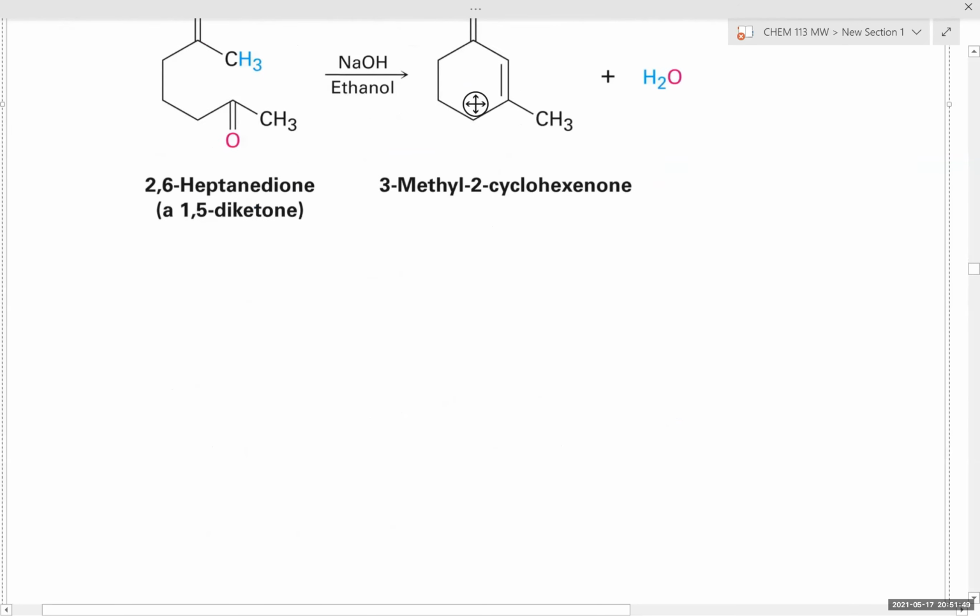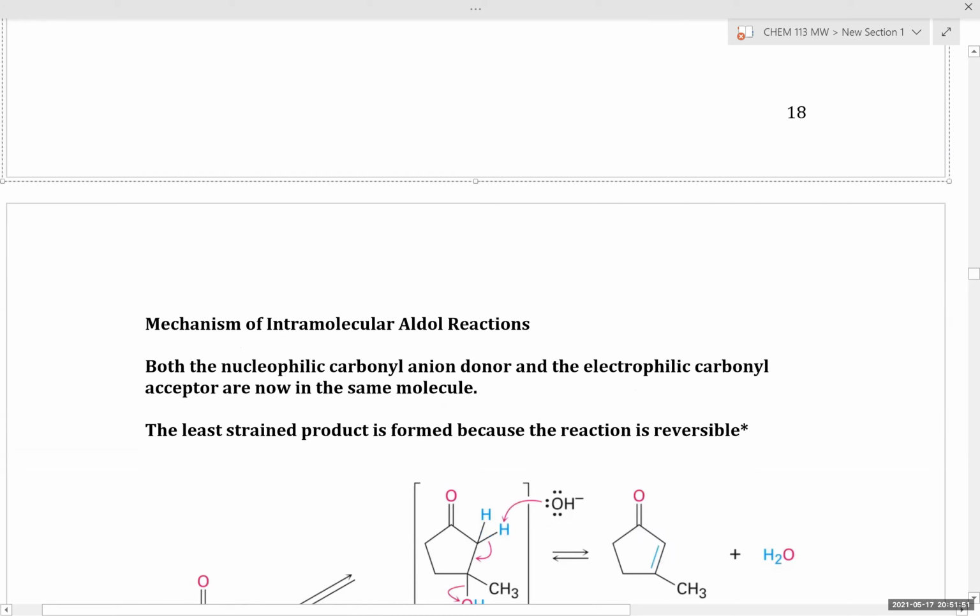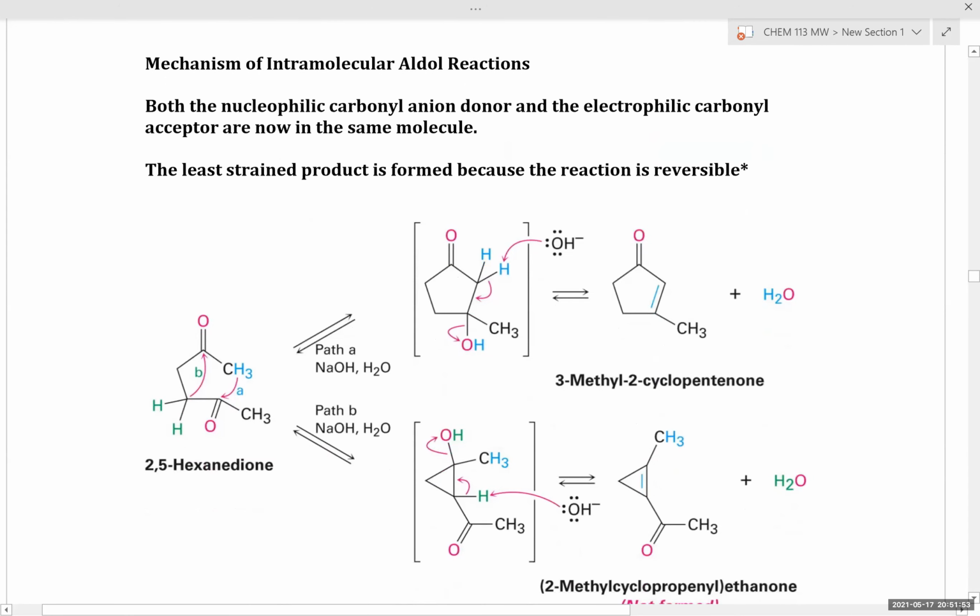Okay, let's talk about some subtleties of this reaction. So we know that there are multiple alpha positions, right? We can call them alpha and alpha prime once again. And although both of these alpha positions can be deprotonated, in practice, what we see is that only one of these positions gives a productive product.